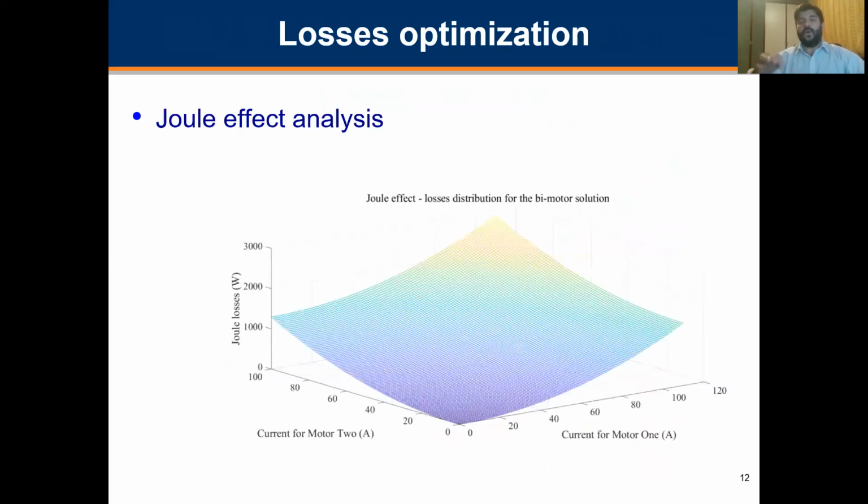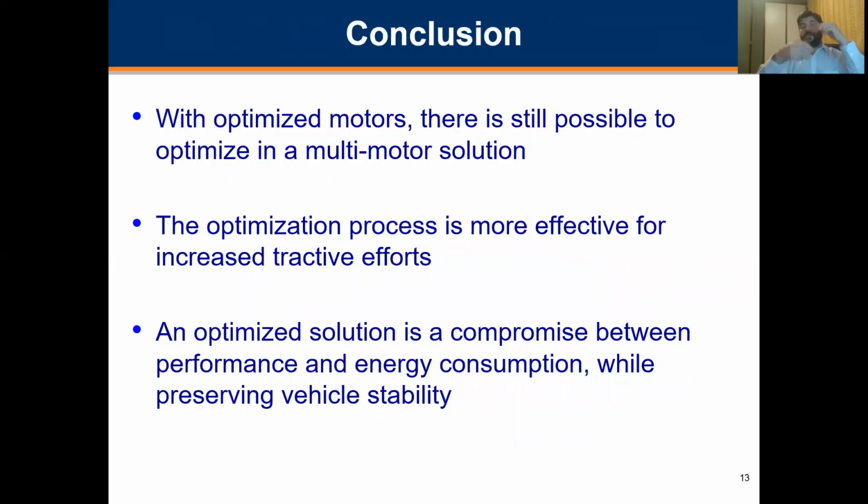Also, to support that, we have here the Joule losses distribution between the two motors, depending on the currents passing through each motor. So from each point, we can see the influence of each motor on this total Joule losses distribution.